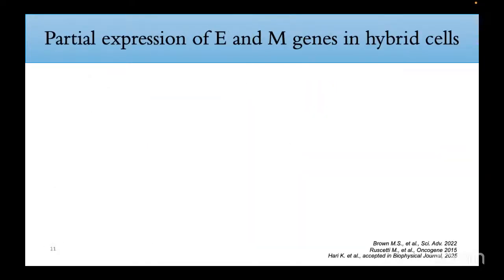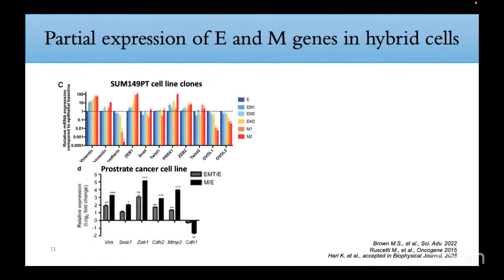One way of explaining it is to say that in vivo cells are gaining mutations and so on, but there could be an easier explanation, and that comes from another observation of hybrid states: consistently, from the initial observations of hybrid states, when people started to look at the expression of different genes, they see that the hybrid phenotype always has partial expression of genes across the spectrum, right?